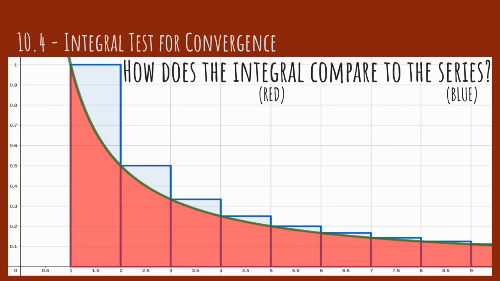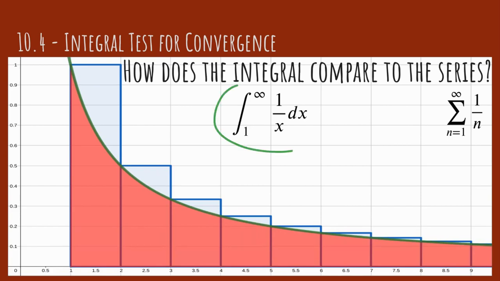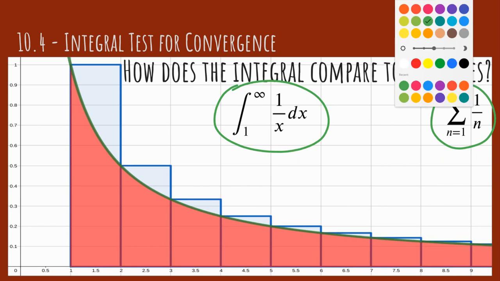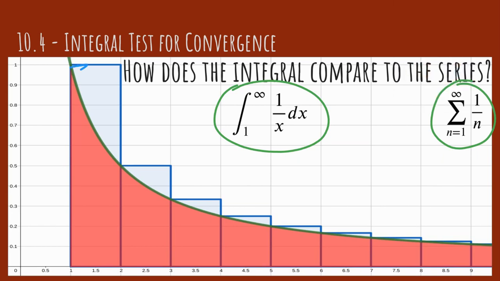One more thing that we want to look at then is, how does the area of those rectangles compare to the area that is shaded in red? More specifically, how does the area given by this integral compare to the area given by the harmonic series? I think it's pretty clear, but I just want to point out that on each subinterval, the area of the rectangle is just a little bit bigger than the area under the curve.